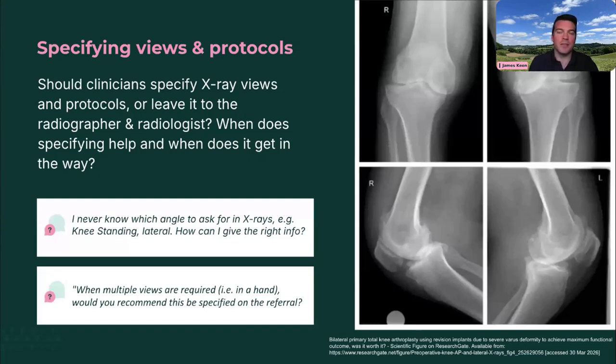I guess deciding on the views for plain film or deciding on the specific pulse sequences for MRI fundamentally comes down to the radiology department's expertise. I could liken it to if a GP was to refer to a physio and then specify very particularly what exercises they expect to be given to the patient to do.